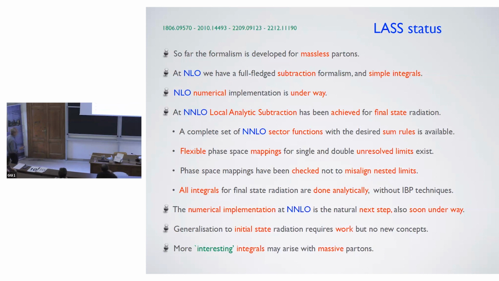So of course the next natural step is, on the one hand, the numerical implementation, which will soon be underway, and the generalization to the initial state, which we know rather precisely what is going to happen. It requires work because one has to introduce more sectors but no new concepts, whereas it is going to be quite different if one wants to include massive partons.